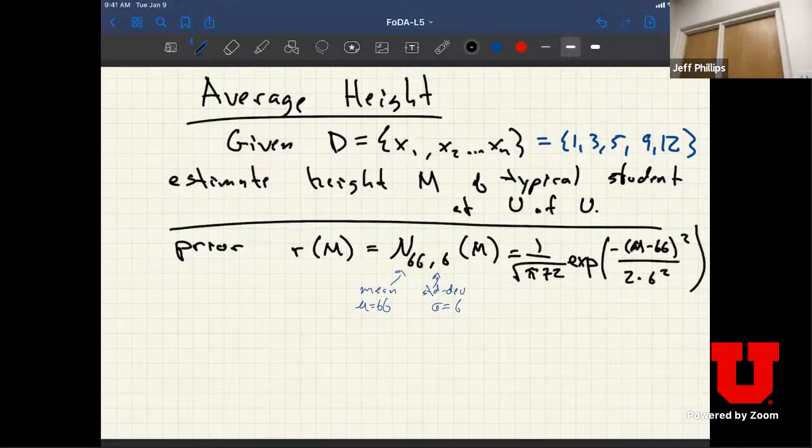The 72 came from 2 sigma squared. That was the normalizing factor in front there.